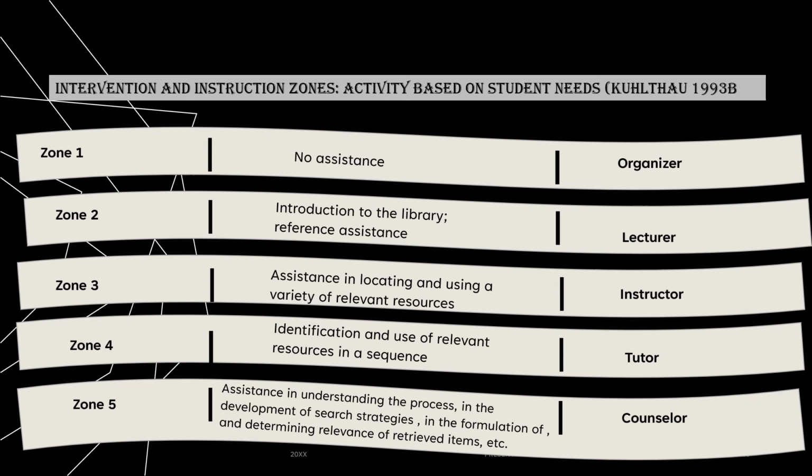At Zone 4, the students' information problems will call for the presentation of sources in a sequence and instruction in their use. At Zone 5, the students' information needs may require a conference with the librarian to discuss the processes involved in the ISP and learning from the information collected.